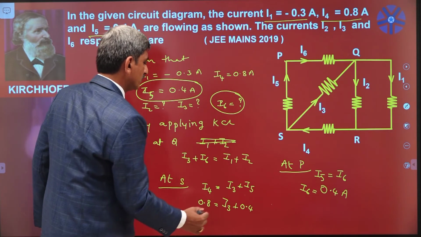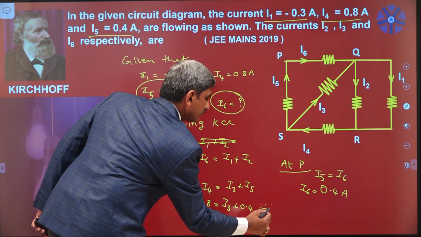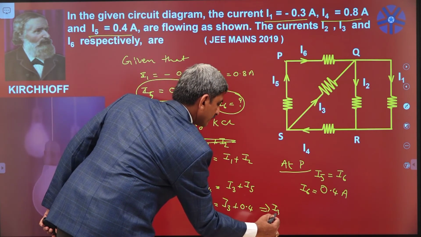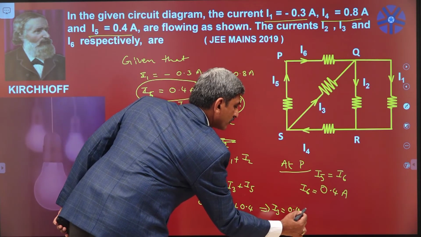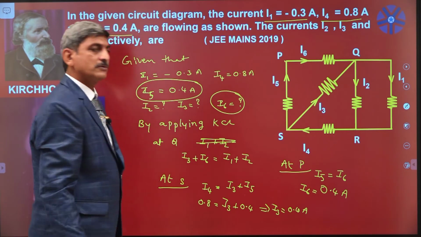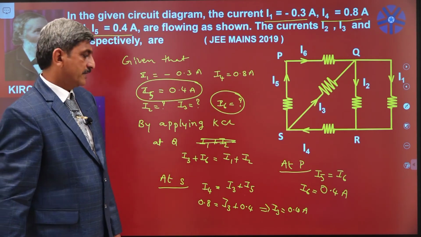From this we have I3 is equal to 0.8 minus 0.4, that is equal to 0.4 amperes.